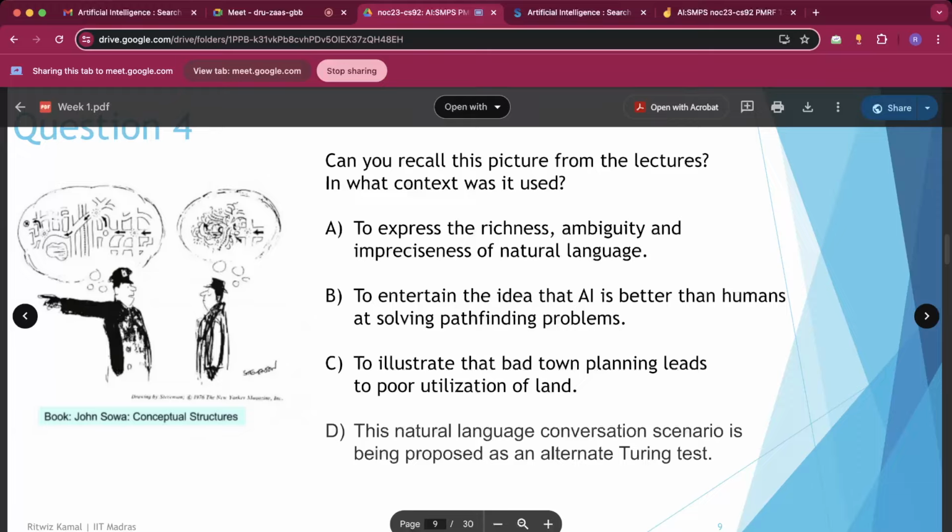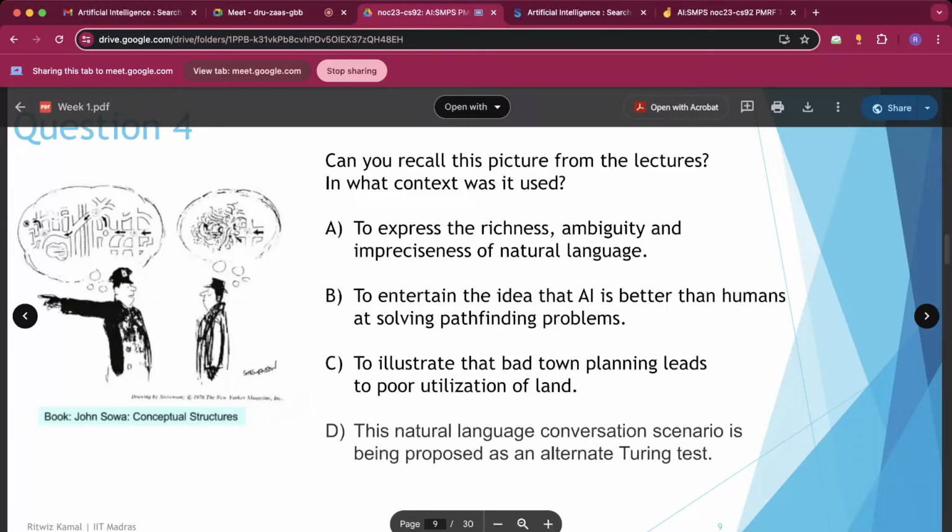There's a picture of a policeman and a citizen. The citizen has asked the policeman for directions to some place, and the policeman is describing the way to go to that location to the citizen. Now in the policeman's mind, the direction that he is telling the citizen is very clear.